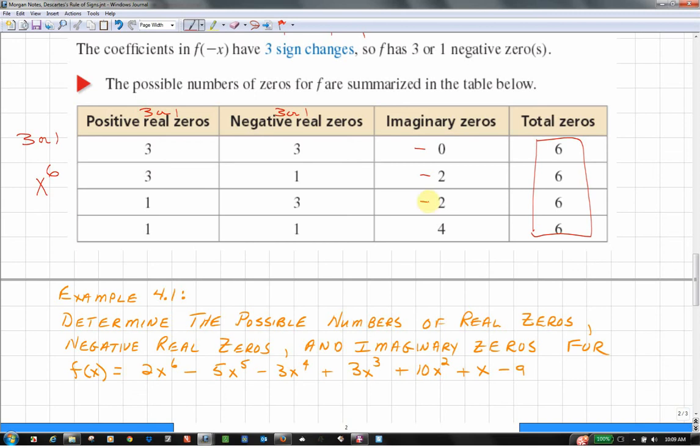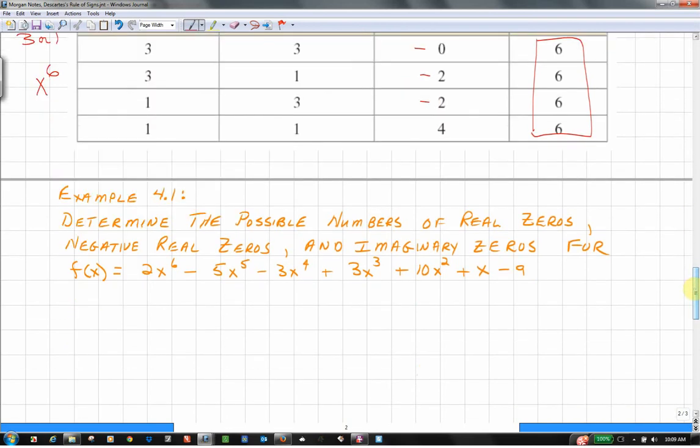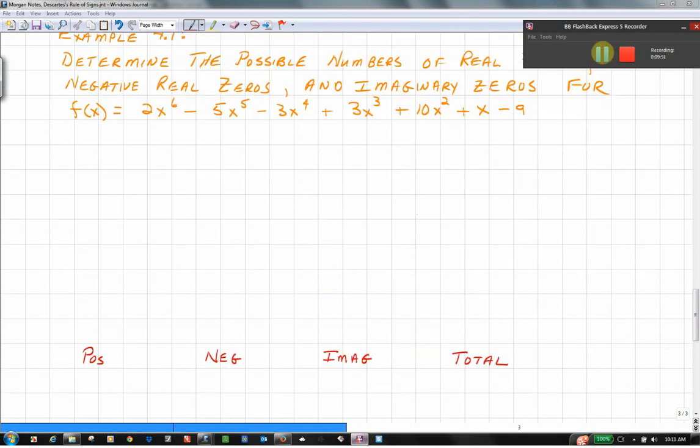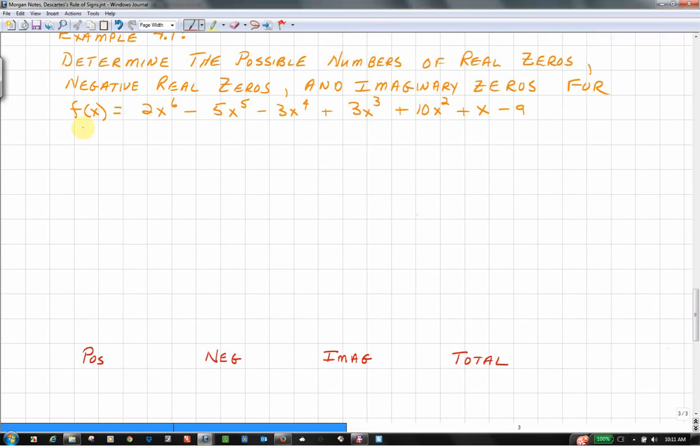Okay. So let's try maybe one more. Okay, so let's do the next one. Here is the polynomial, and just as it's written, for the number of positive real roots, I'm simply going to count the number of sign changes.